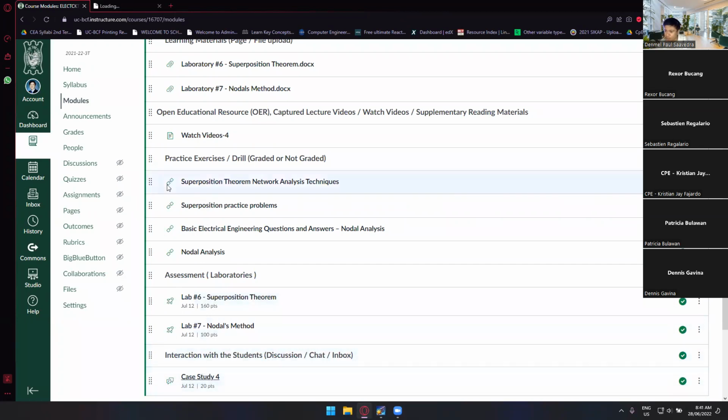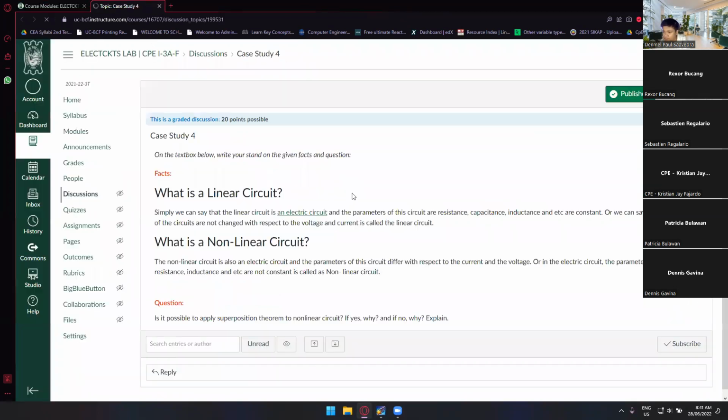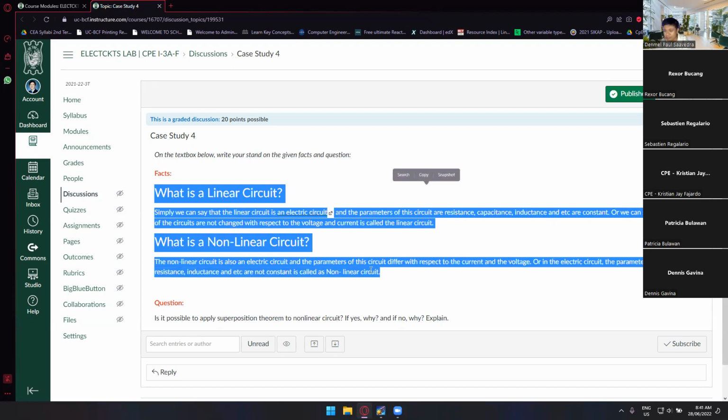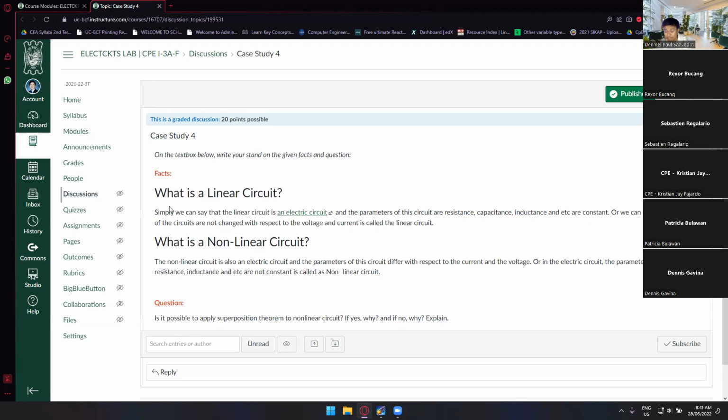And then as usual, you're going to have a case study wherein you'll be given a box and then a question. Just answer this one with your own knowledge, with your own vocabulary. Again, do not get the answer on the internet. Whatever you have learned in our modules, in lecture, and in this laboratory, you can apply those. They are always applicable in our case studies.